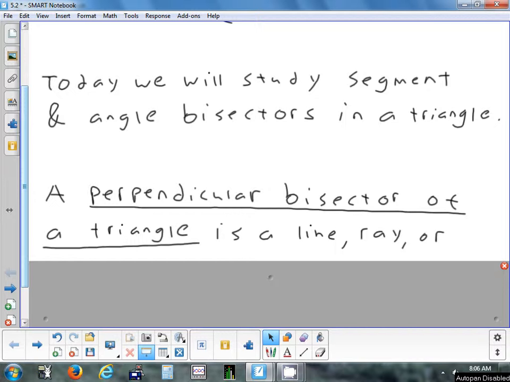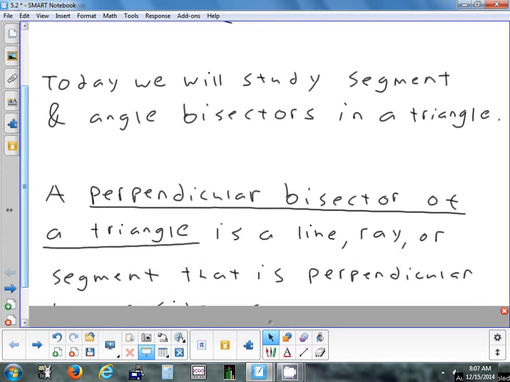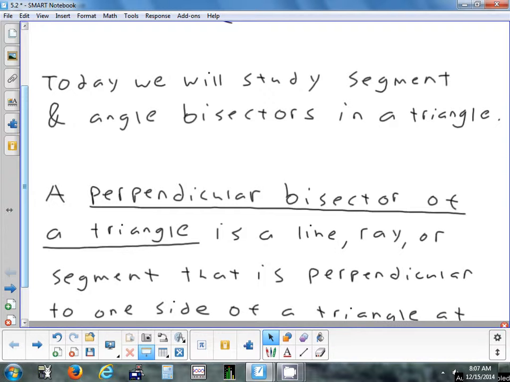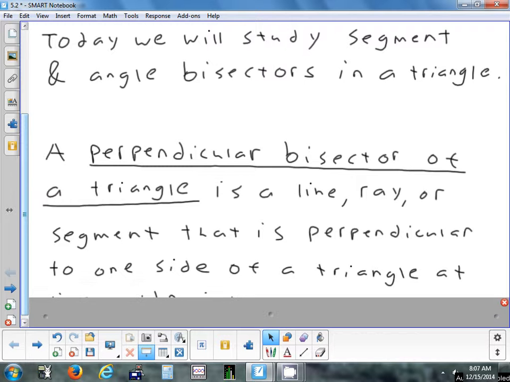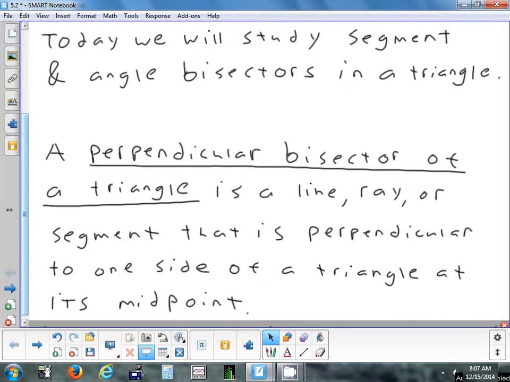And bisector, we said that a second ago. What does it mean to bisect something? Right, to cut it exactly in half. So a perpendicular bisector of a triangle is a segment, a line, or a ray, it can be any of those things. But it has to be perpendicular to one side of the triangle and it has to go right through its midpoint on that side.